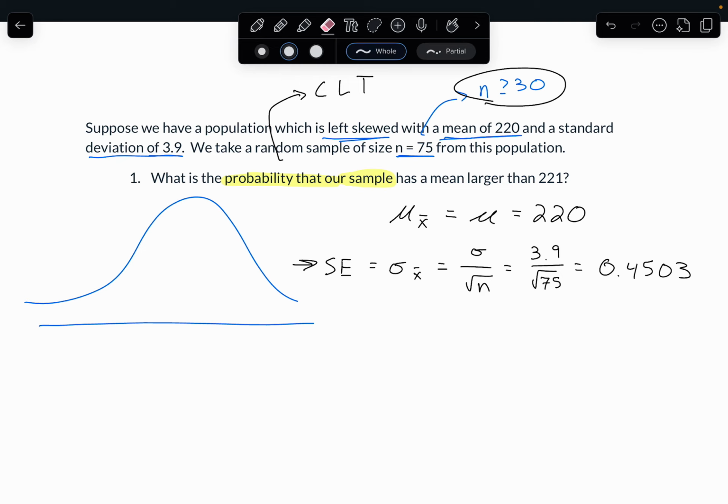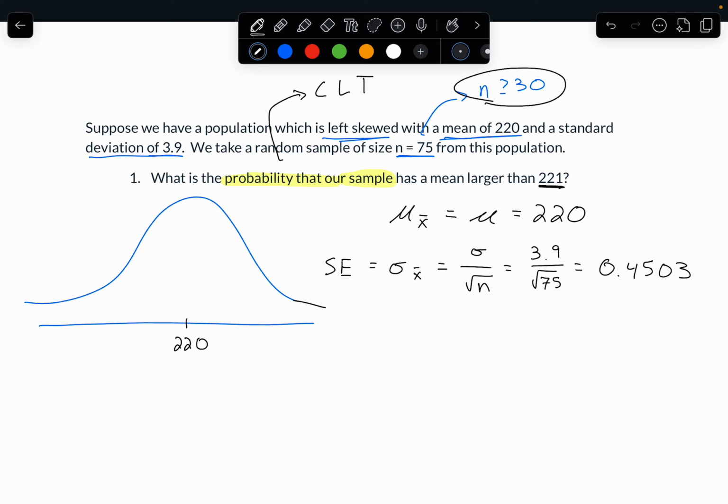So now I'm going to actually just go and draw this out. This should look very familiar to the other types of normal distribution problems that we've seen up until this point. We've just got a new mean and a new standard deviation. So our mean is 220. Let's put that right in the middle. We want to know what's the probability that our sample has a mean larger than 221.